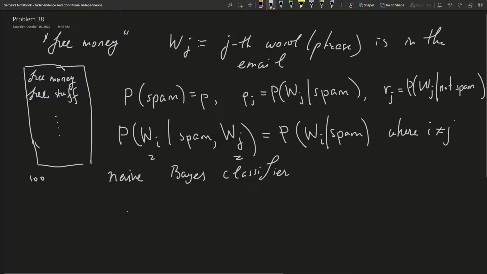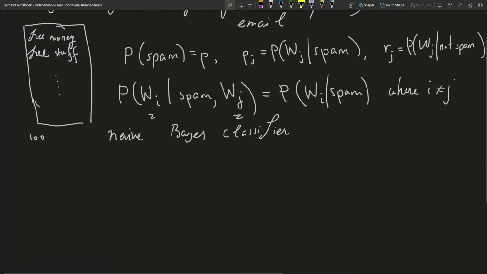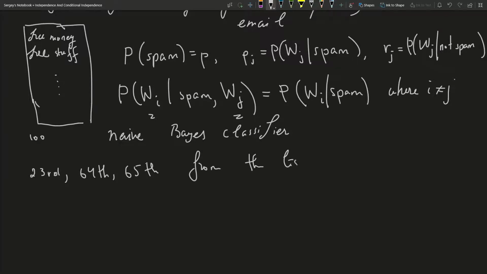Using this technique of naive Bayes classification, our goal is the following. We receive an email, and we're told that the email contains the 23rd word, 64th word, and the 65th word from the list. We'd like to know the probability that the email is spam given this information.